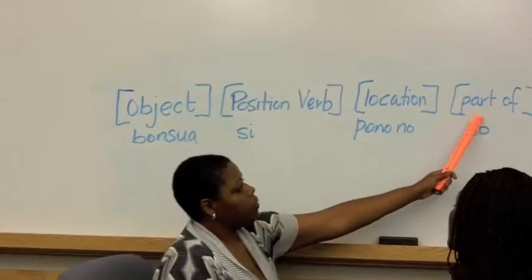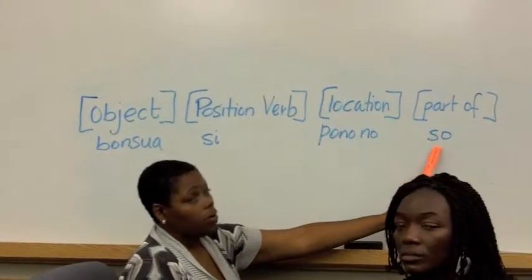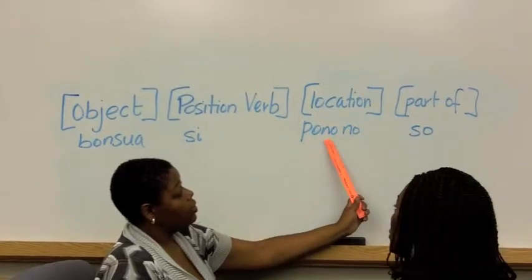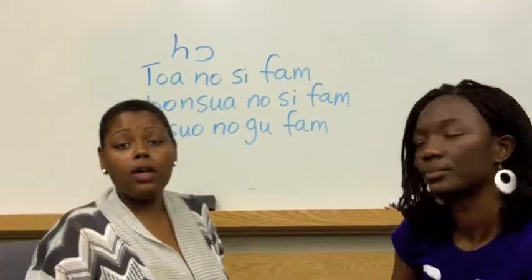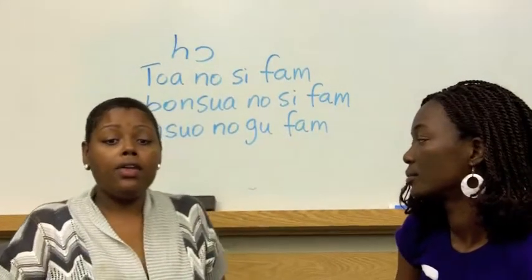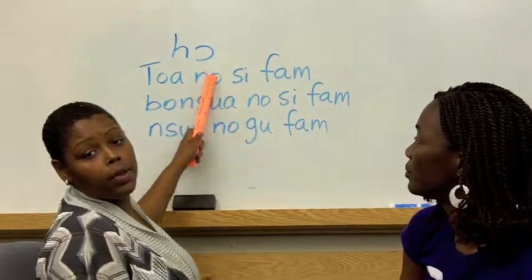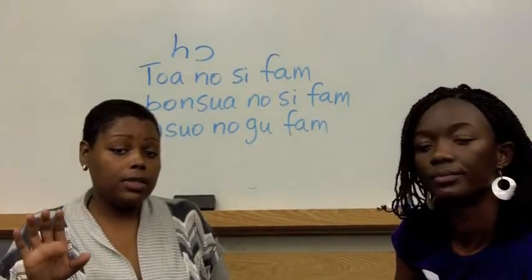And this part of refers to part of the location, which is, we use so, because it is located on the table, so. We said earlier that if you want to say someone is standing there, you use ho, which means there, and you don't add any specific part of location to it.